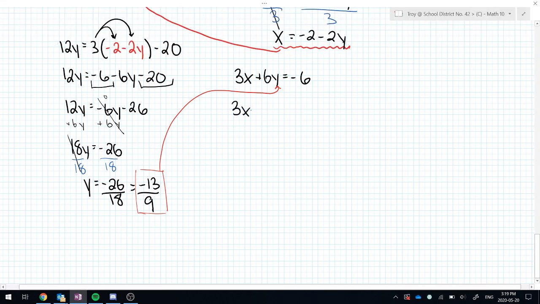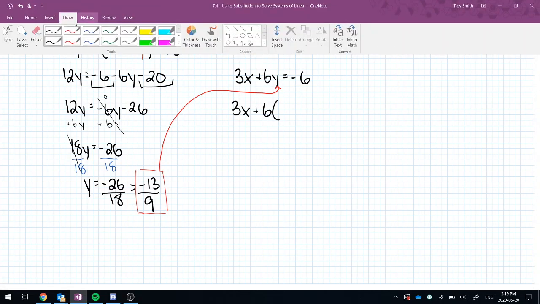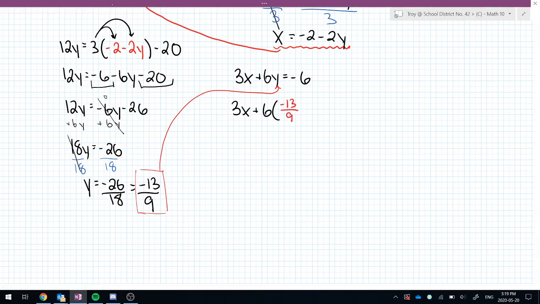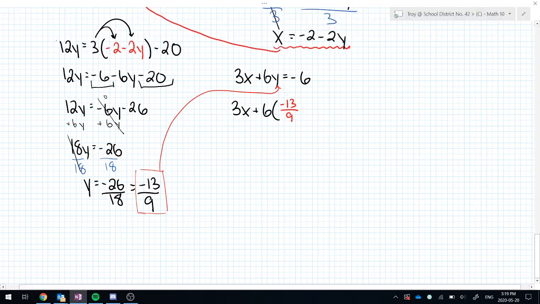So we got 3x plus 6 times negative 13 over 9 equals negative 6.